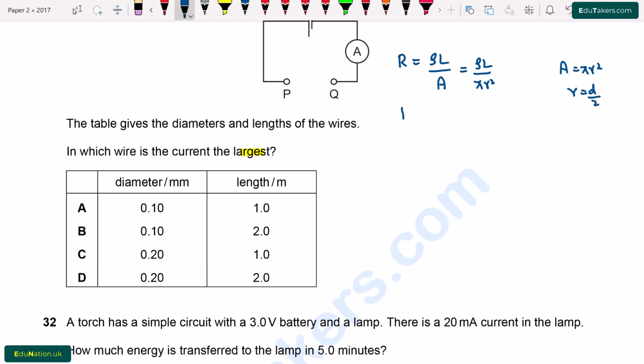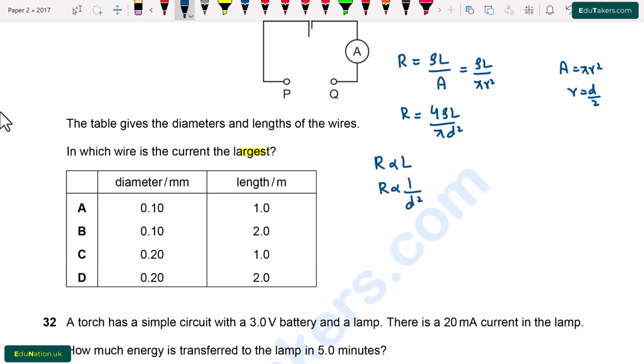So resistance will be equal to 4 times resistivity times length over pi d squared. It means that resistance is directly proportional to length and inversely proportional to diameter squared. So the wire that has larger length and smaller diameter has larger resistance.